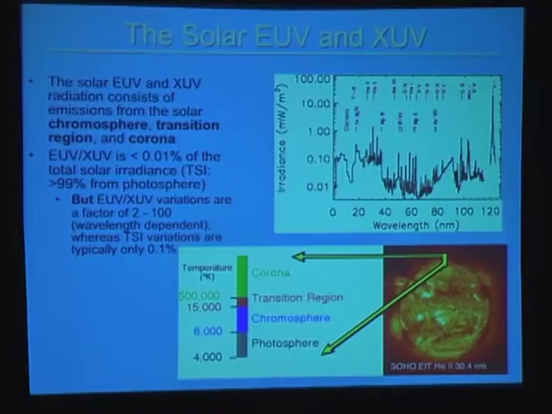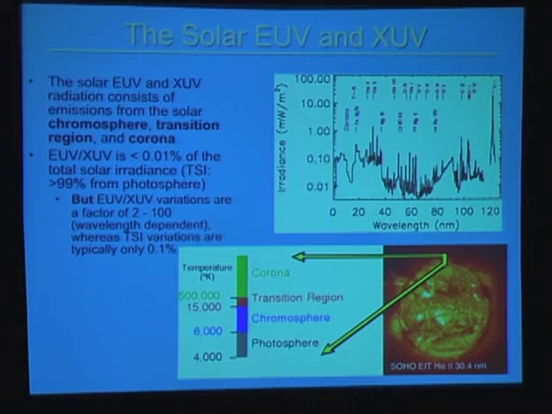The solar EUV consists of emission lines and continua that are coming from different parts of the solar atmosphere and coming from plasma at different temperatures. And that's what makes it so complicated. There are some lines in here that are coming from the chromosphere, which is, say, 6 to 10,000 Kelvin. Other lines are coming from the transition region, which is from 15 to maybe 1 million Kelvin.